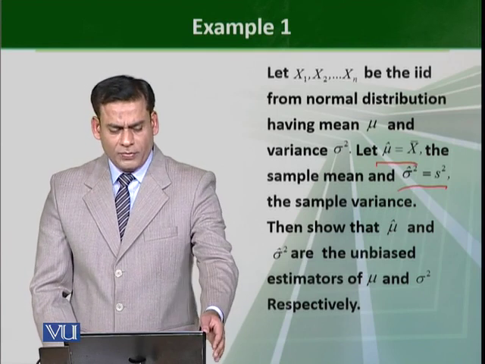So how do we proceed for this one? As we know, x1, x2 up to xn is a random sample of size n from the normal population with mean mu, then x bar is equal to 1 over n sum xi.